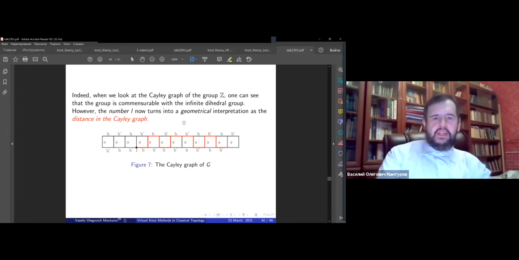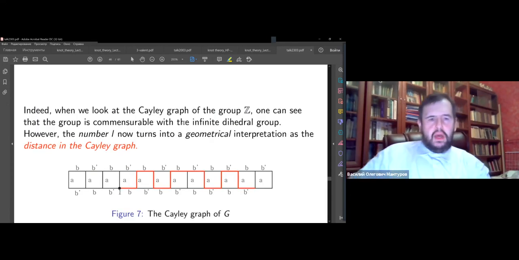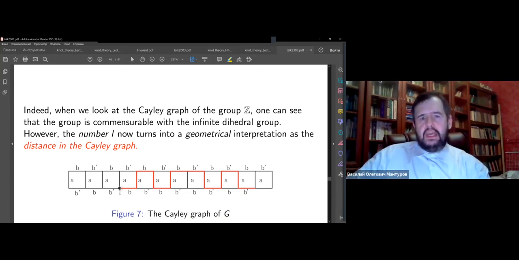I have just this railroad. Here is the unit, and A squared equals 1, B squared equals 1.